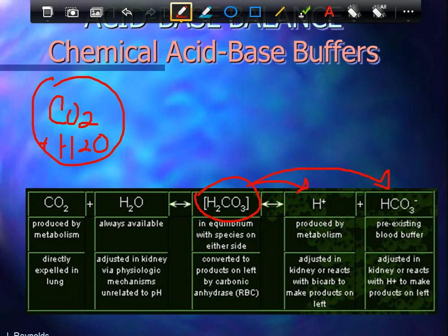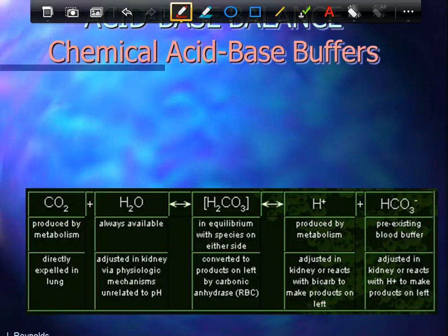So, I mentioned that carbonic acid plays a pivotal role. These are reversible reactions. See this? It can go either way. See this? It can go either way. So, if your blood pH is more alkaline, then you may have a shift that way, or that way if it's more acidic.